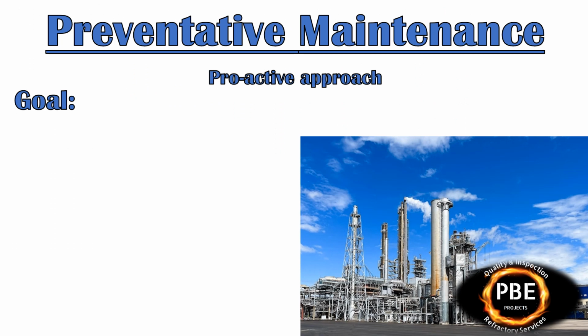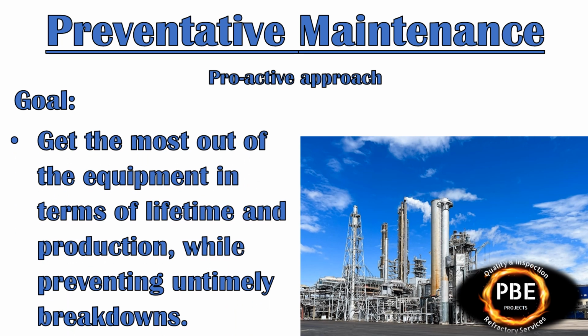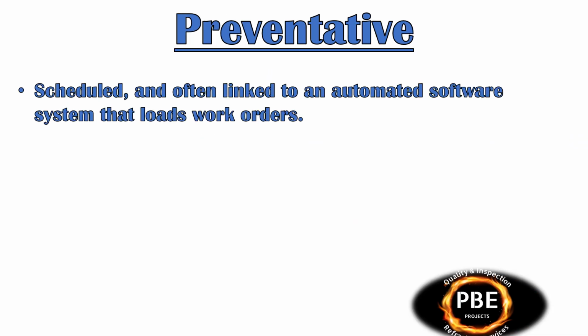So preventative maintenance, it's the proactive approach. The goal is to get the most out of the equipment in terms of lifetime and production while preventing untimely breakdowns. It's scheduled and often linked to an automated software system that loads work orders.